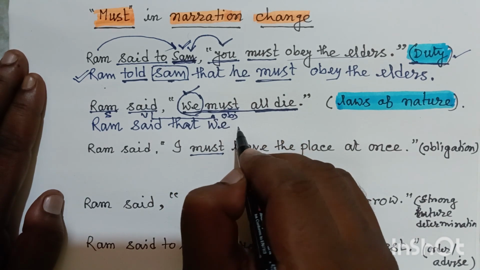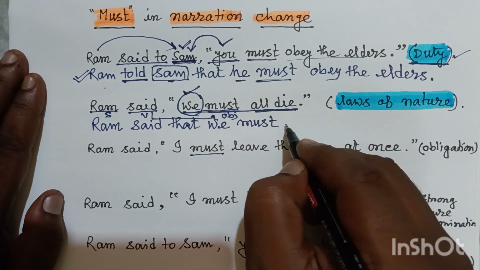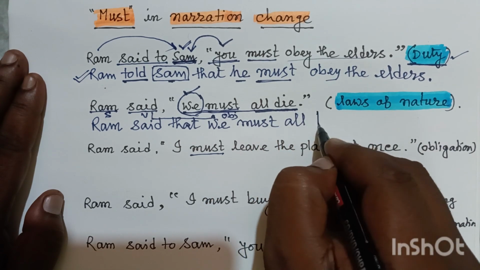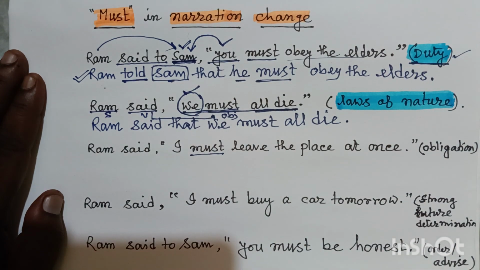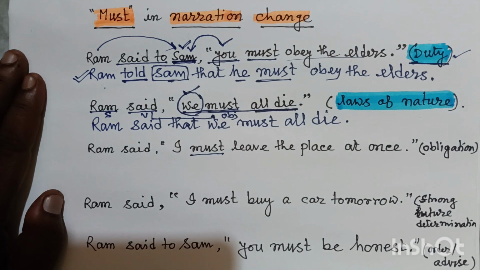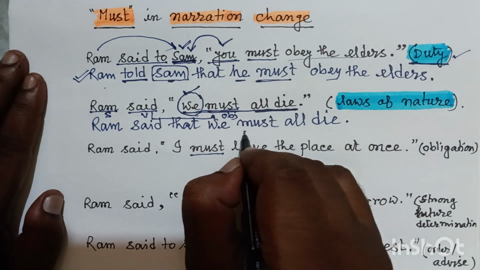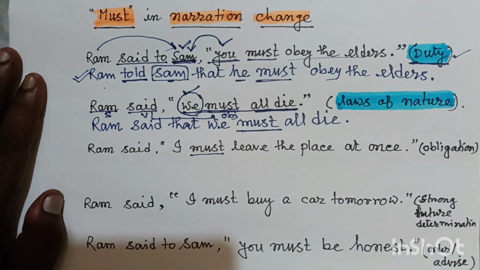And in the case of must, we will also not change it. We must all die. So in the case of laws of nature, the sentence will be almost the same, and we cannot change the term must. We have to keep the same word.